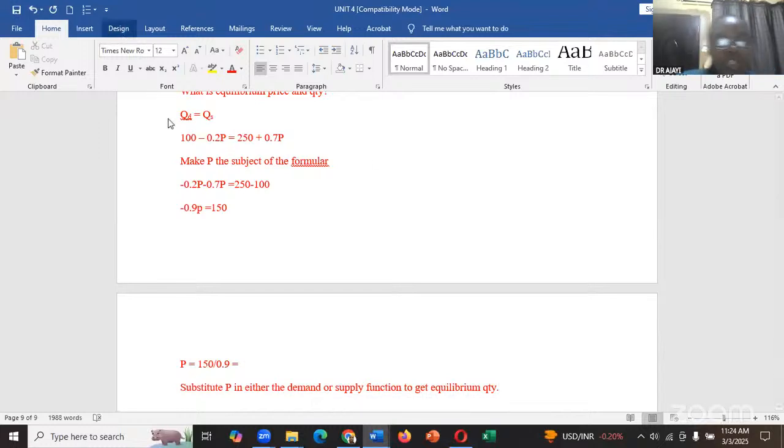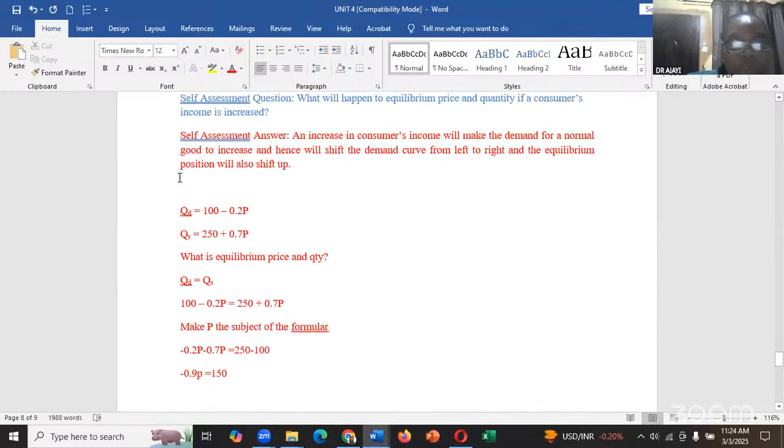So this is just a typical example of the mathematical way of explaining equilibrium.